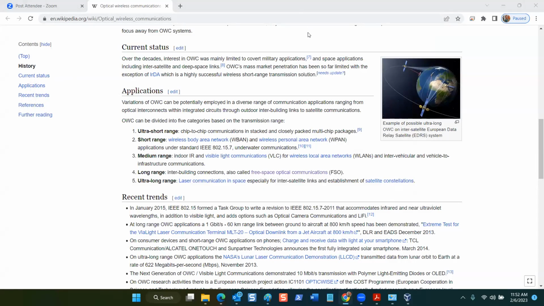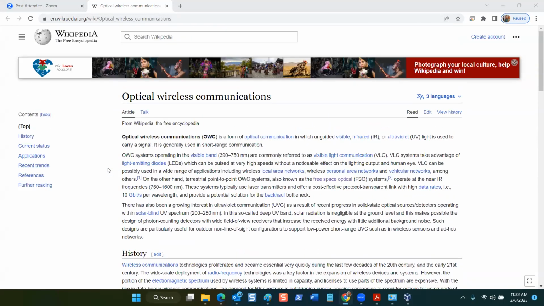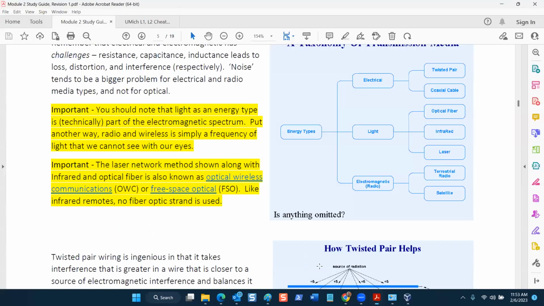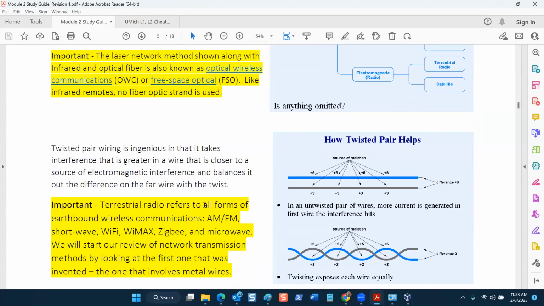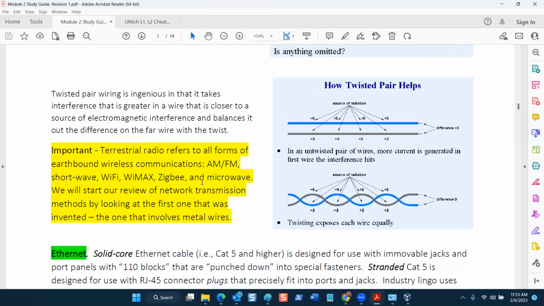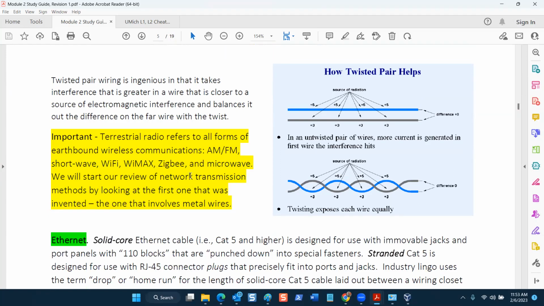Any questions about free space optical or optical wireless communications, right? I saw an example of how optical wireless communication could be used, and it was on the Wikipedia page that you had just put up. It was for space shuttles. Oh yeah, yeah.